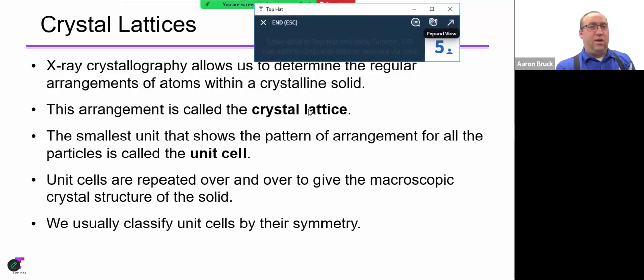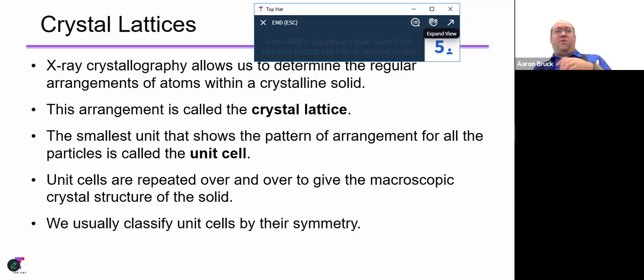All right, so the last thing that we want to talk about today, kind of setting things up for tomorrow, is the idea of crystal lattices. So we said that we were going to spend this solids time talking mostly about crystalline solids. Well, crystalline solids form what is called a crystal lattice.